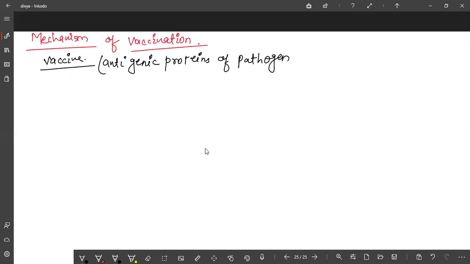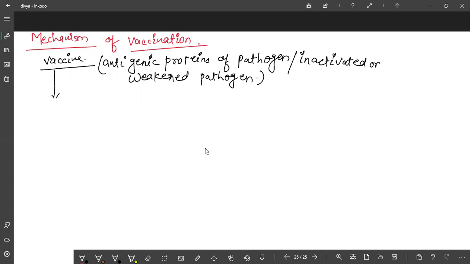It may contain antigenic protein only, or it may be an inactivated or weakened pathogen. The pathogen may be functional or weakened? Weakened. So inactivated or weakened pathogen. So simply this vaccine is injected into the body.